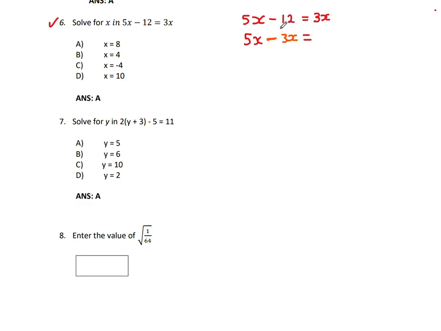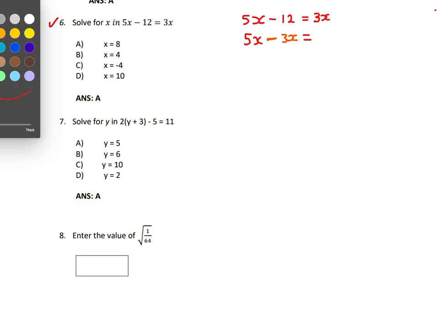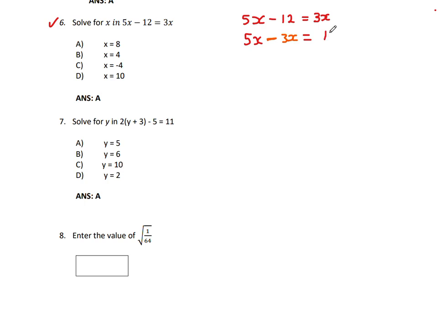So the inverse of negative 12 would be positive 12 on the other side of the equation. So we end up with the grouping of like terms here in a very simple way: 5x minus 3x equals positive 12.